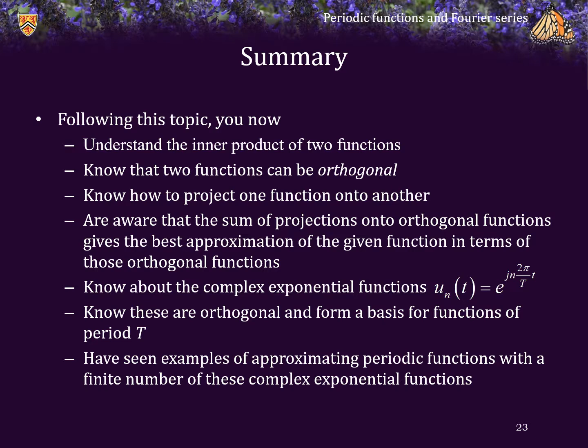We've also seen examples of how we can approximate periodic functions with a finite number of these complex exponential functions. If you wanted a better approximation, you would increase the number of terms, but if you can deal with a poorer approximation, you do not need all of the terms in question.